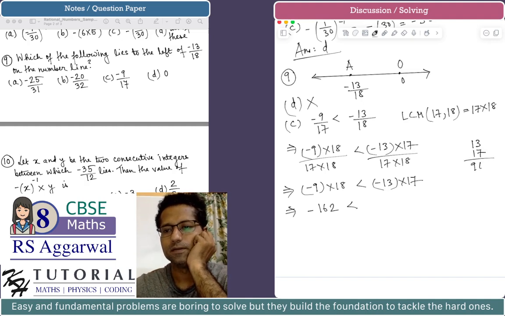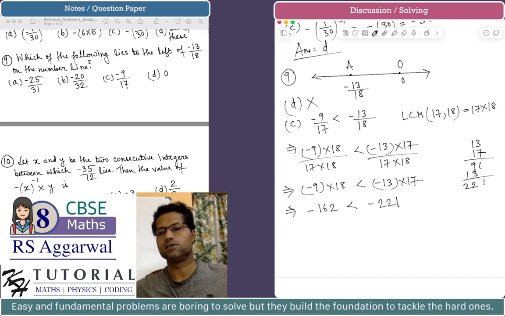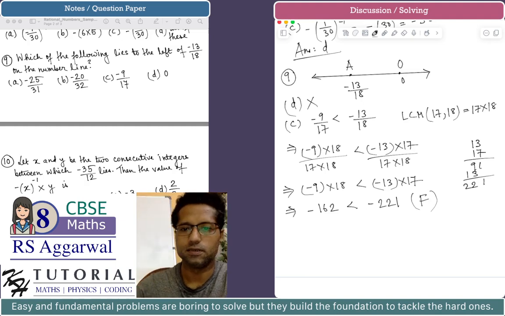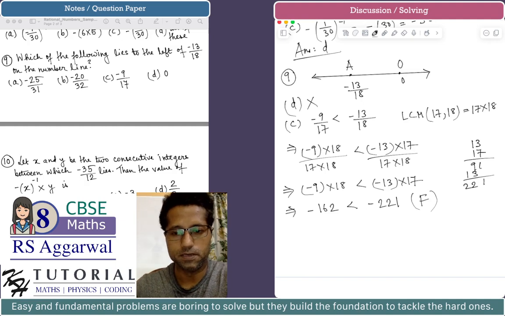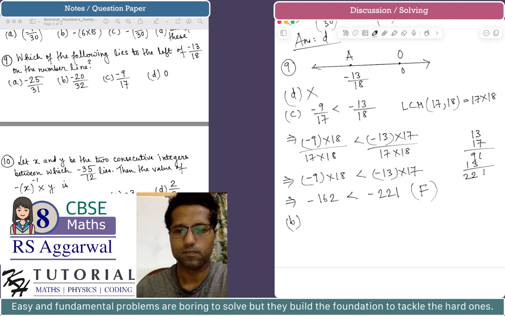This is 91 and 13, so this is minus 221. So we have minus 162 is less than minus 221, which is a false statement. So minus 162 is greater than minus 221. So choice C is incorrect. Choice B is minus 20 by 32. Let's see if minus 20 by 32 is less than minus 13 by 18.